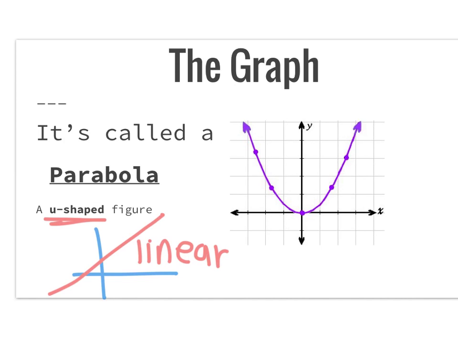We call it a parabola. It looks like a U. It's not a line. Even though this part kind of looks like a line, it's a curve. It's a very smooth curve, continuous everywhere. But yeah, it's U-shaped.